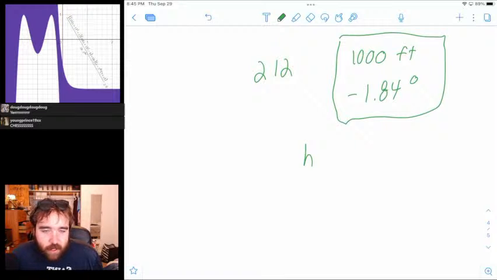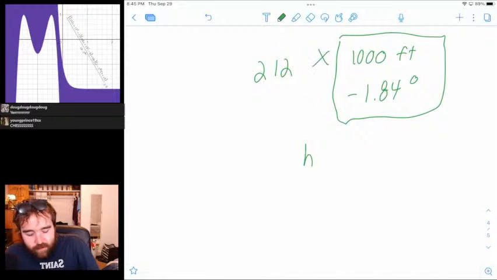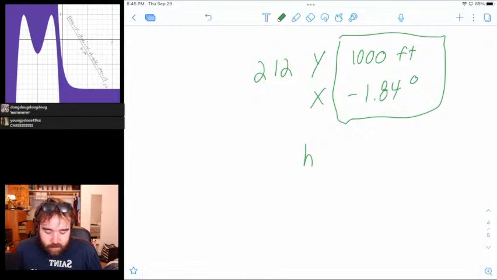So we basically just have to choose an x variable and a y variable. I don't think it necessarily matters which is which. Honestly, since I haven't written it like this, I would use the height as the y and the temperature as the x.